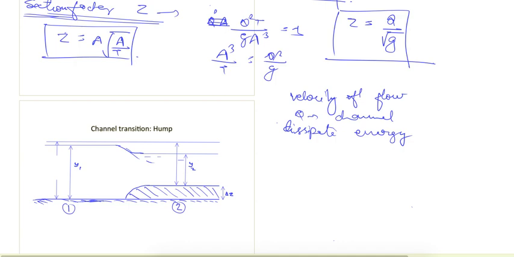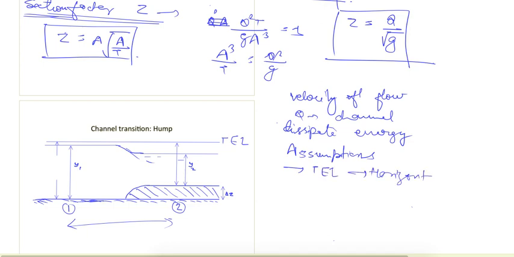So in this, because this is a small length, we are assuming some things, which is that the total energy line is horizontal, and which implies that there is no friction loss, or say head loss.